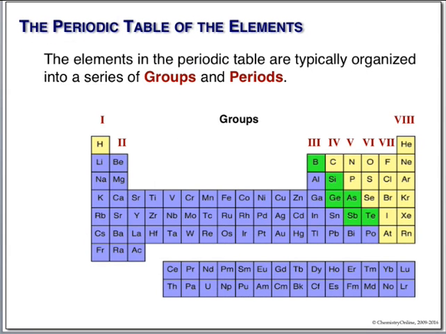All right, just like Mendeleev did, we're going to arrange our periodic table in terms of groups and periods. The groups go vertically, and the periods go across. Now, you'll see that 1 through 8 are numbered.